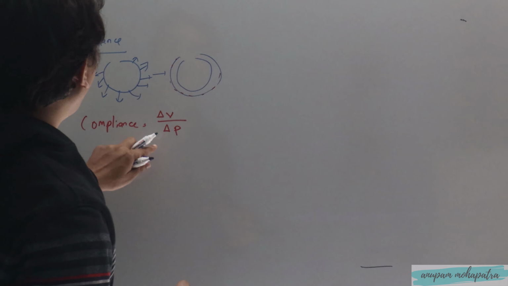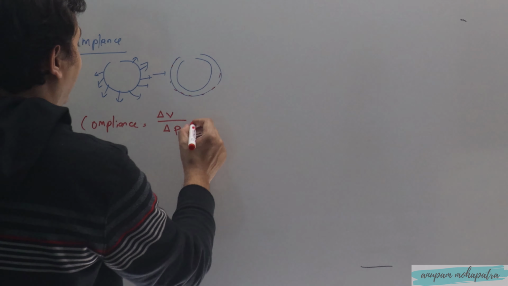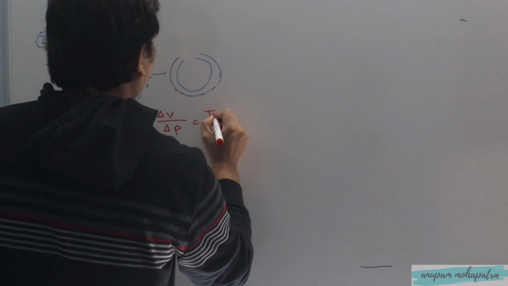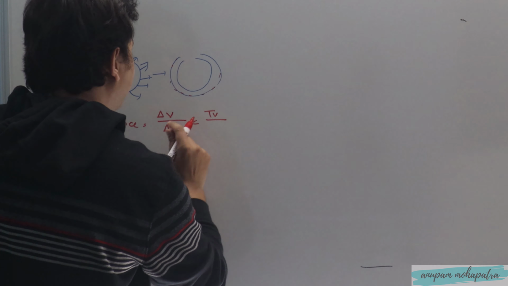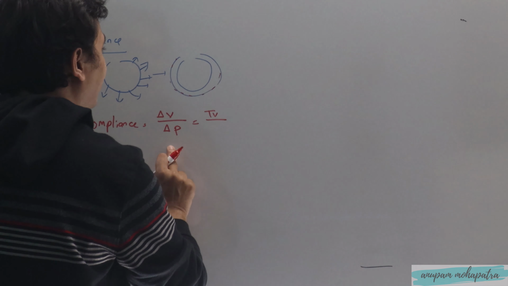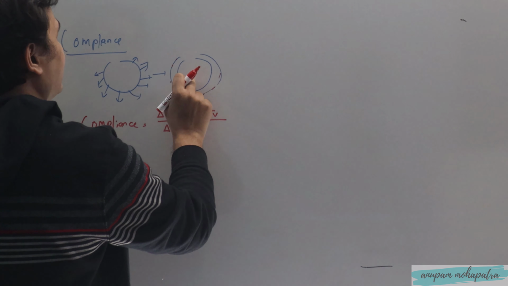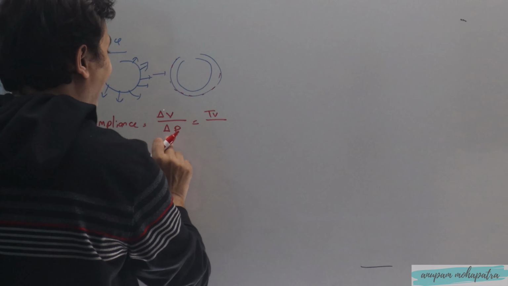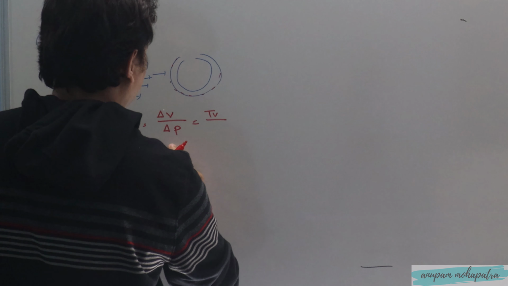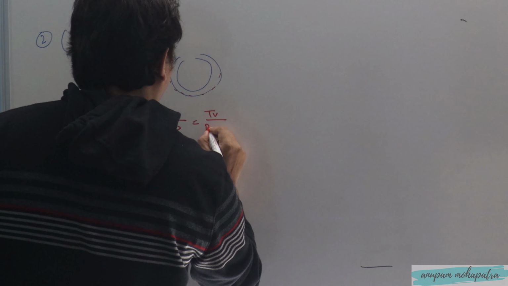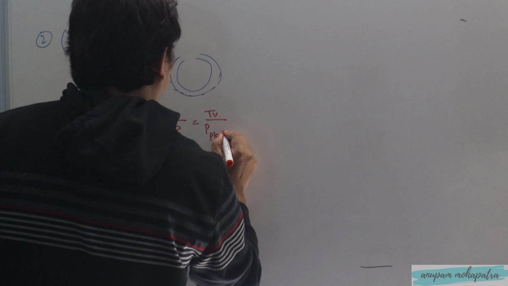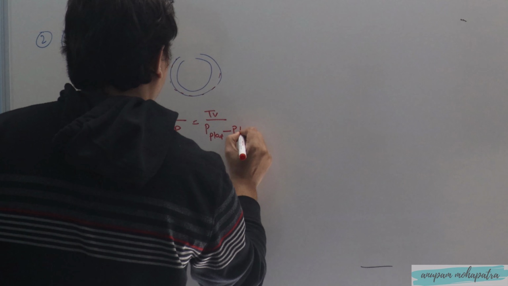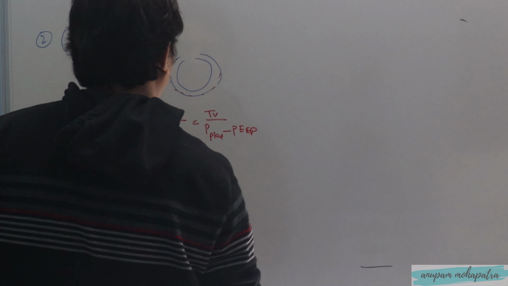Correct? So now what is the change in volume? That will be the tidal volume that you are applying to the patient. And what is the pressure? Because PEEP is always there inside, and when we apply a breath, a pressure is created inside the lung, that is called the P plat. So delta P will be P plat minus PEEP. Correct?